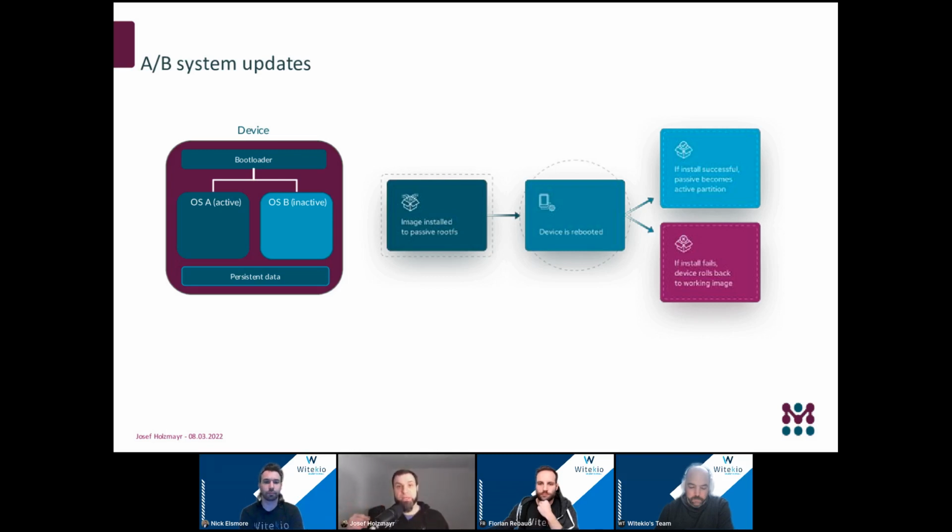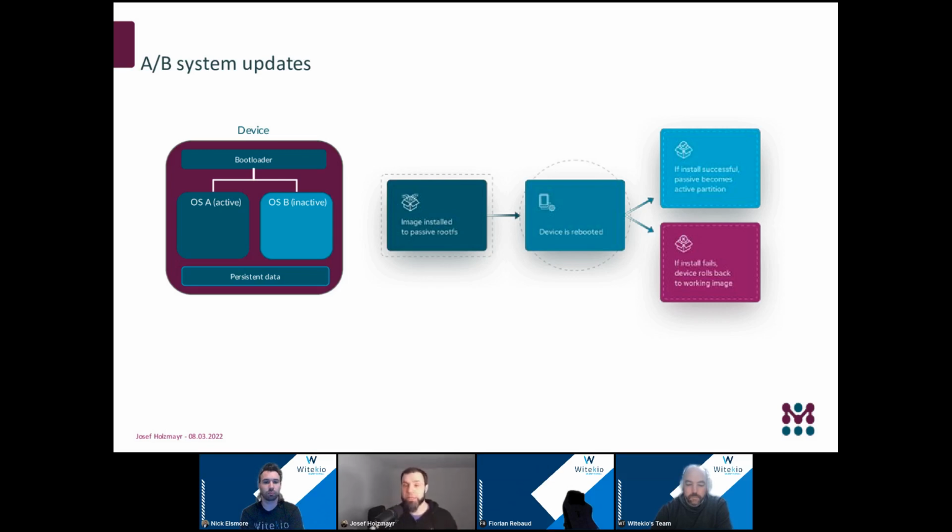When it is finished, it sets a marker for the bootloader to notify it, hello, update has arrived. Then it reboots, and the bootloader, using that marker, knows it's time to use the inactive partition and make it active. It boots up, and if everything works fine, the application on the now active partition arrives at the working state, notifies the bootloader again, and says, yes, update was successful. Then the switch between active and inactive is made permanent.